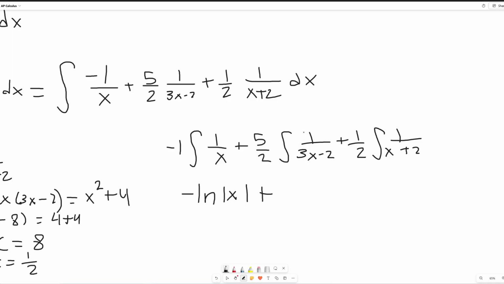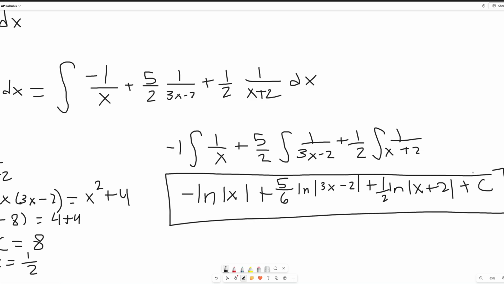So we're going to say 5/6, because we moved that 1/3. So 5/2 times 1/3 is 5/6. That's where I got that from, just to let you guys know. ln 3x minus 2 plus 1/2 ln x plus 2 plus c.